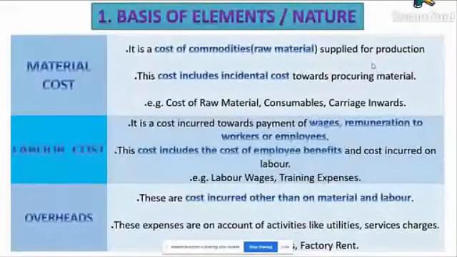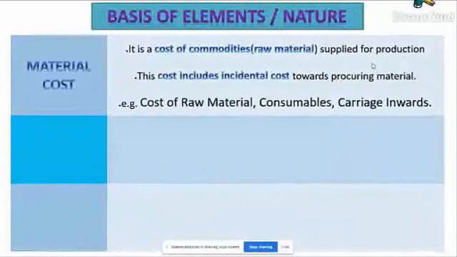First one is on the basis of elements and nature. Three classifications: material, labor, and overheads. When we want to classify on the basis of elements and nature, only three elements are there. Either it will be material, labor, or overheads. Now, what is material? It is the cost of commodity, that is, raw material supplied for production.